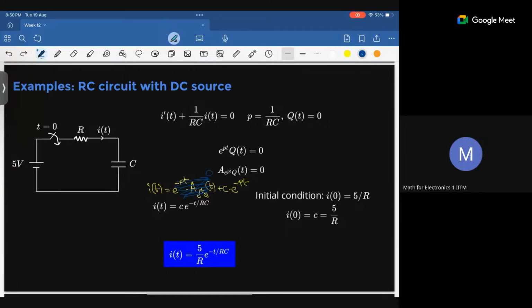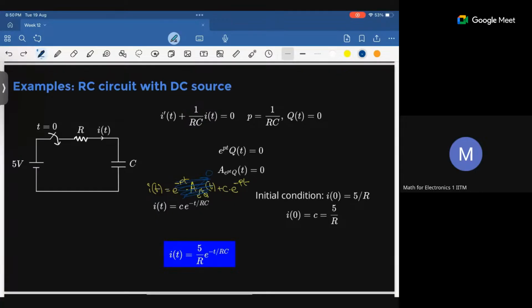And we also gave the initial condition, right? So the initial condition could be 0, or it could be given as the current passing through that resistor.